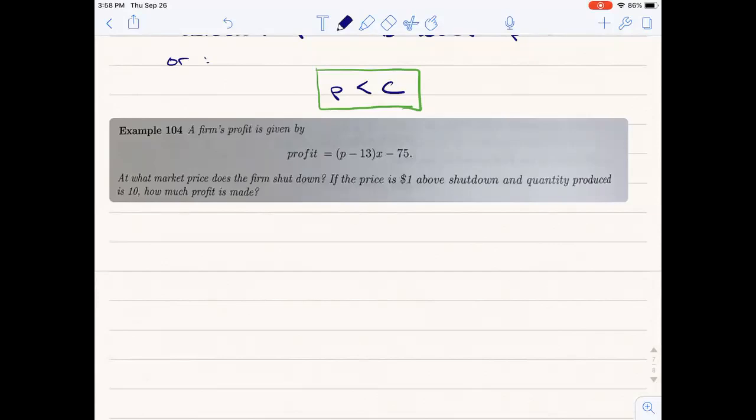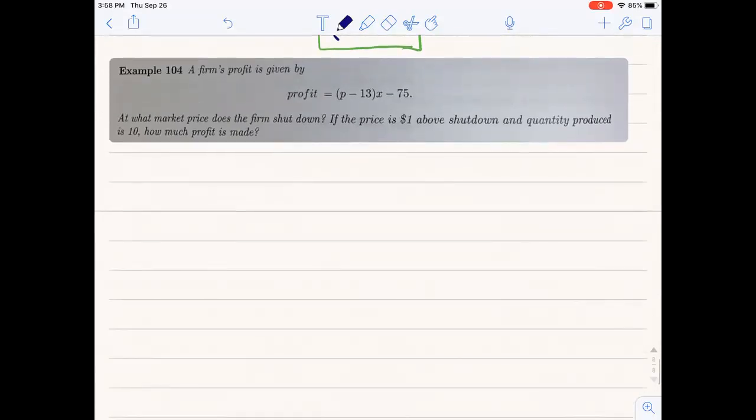At what market price does the firm shut down? Okay, so what's the shutdown point? And then taking it another step further, if the price is $1 above shutdown and the quantity produced is 10, how much profit is made? Right. And so we'll have a look at these ones. But first we'll figure out the shutdown point.